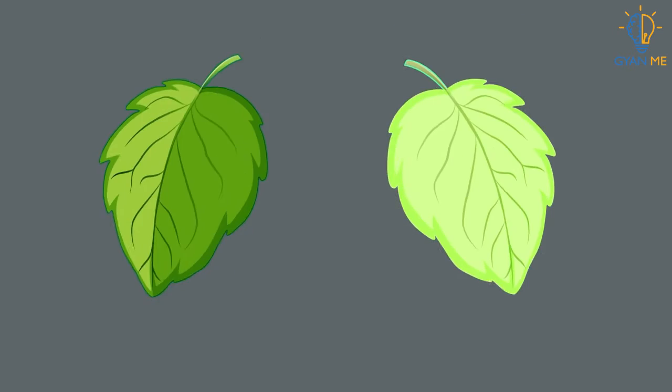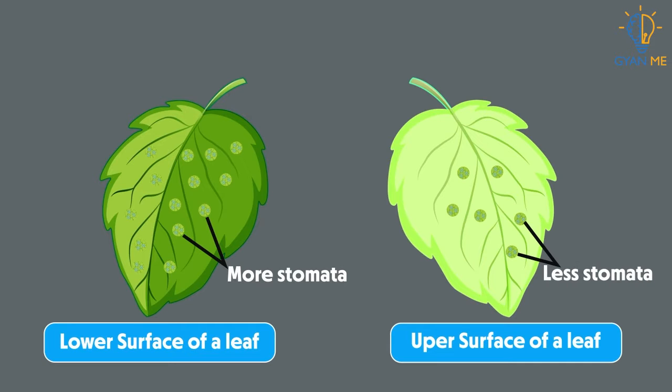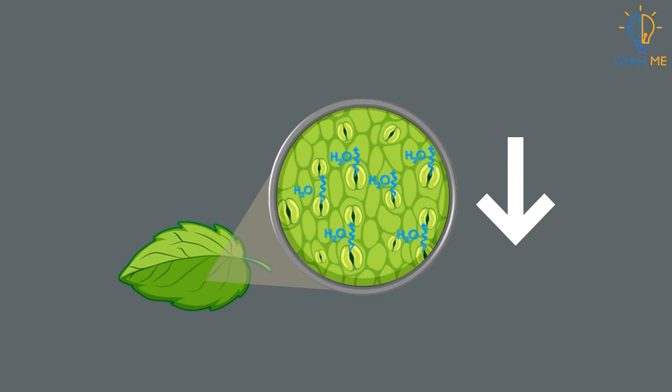But a very interesting fact is that the number of stomata on the lower surface is much more as compared to the number of stomata on the upper surface. And why is this so? It's very simple, students. To reduce the amount of transpiration happening in the plant leaves.